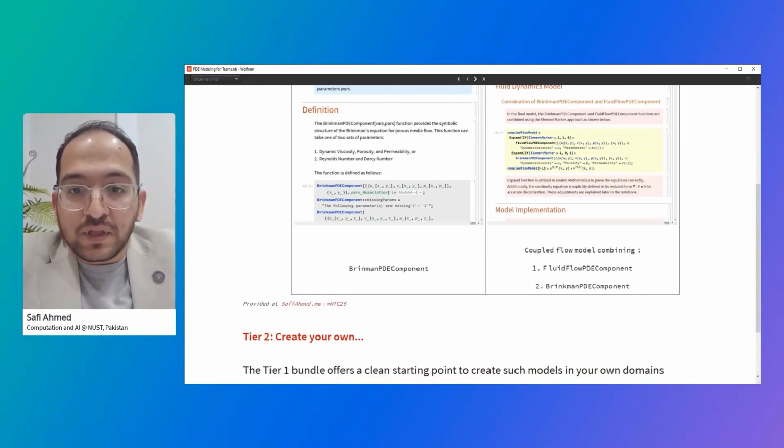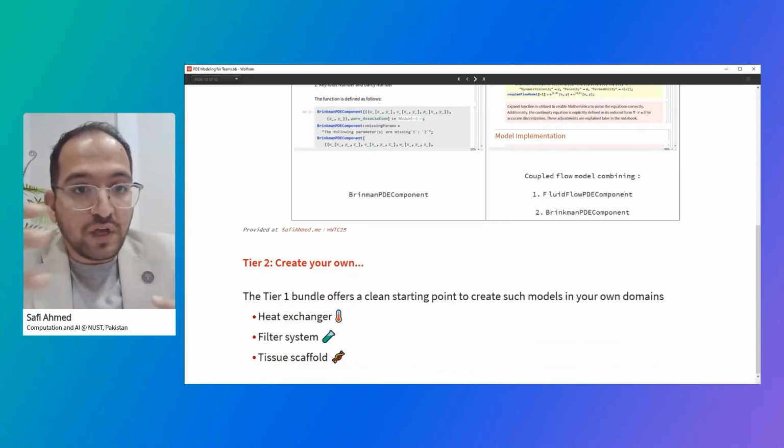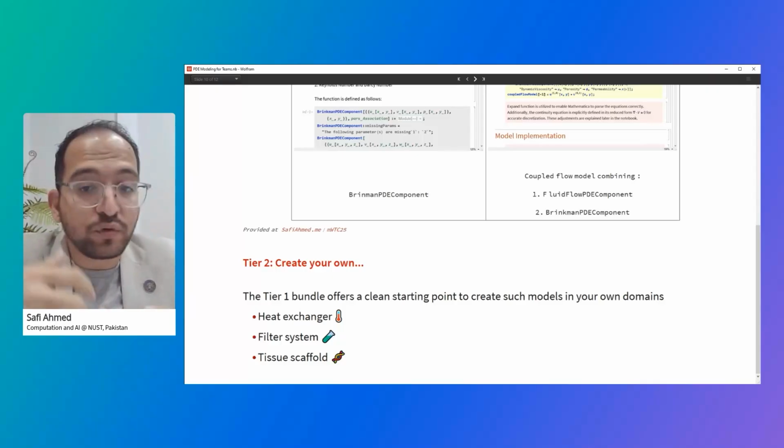The tier two is that you can create your own PD components. If you look at the tier one examples, the bundle that I have provided, it offers a very clean starting point for creating such models in your own domains.